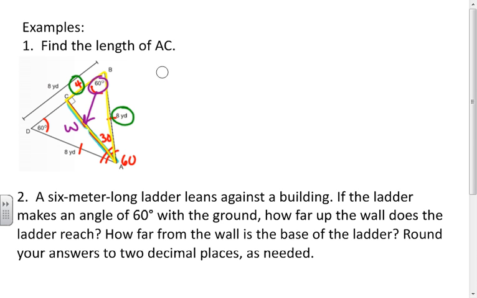We know that the short leg times the square root of 3 is our long leg, and so 4 square roots of 3 is this side W.